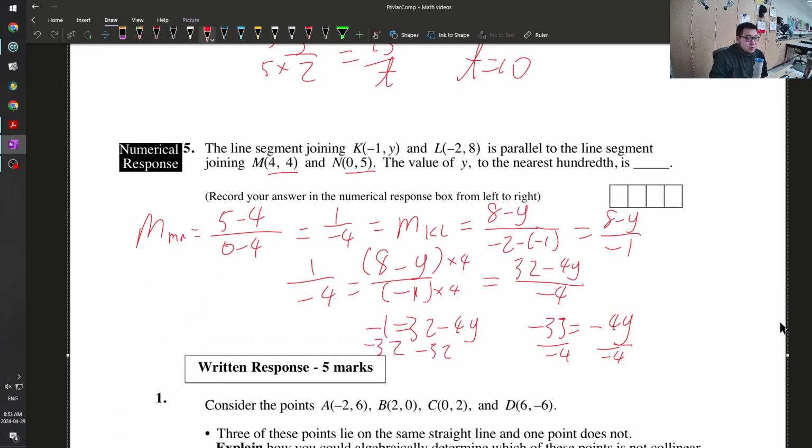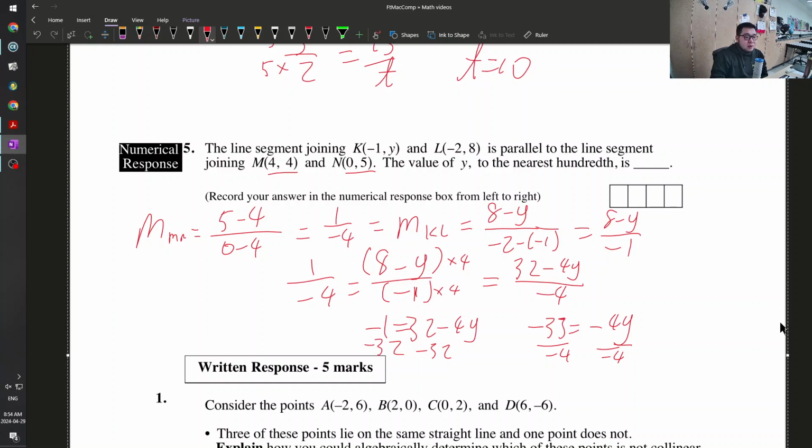Oh, I did something wrong. Let's see where it is. 5 minus 4, 0 minus 4. Okay, and then 5 minus 4 is 1, 0 minus 4 is negative 4.